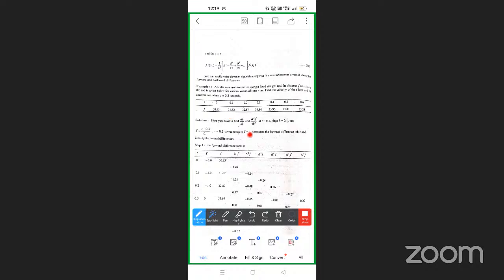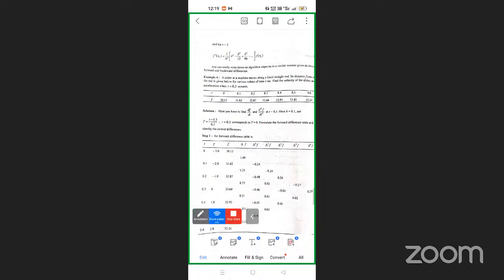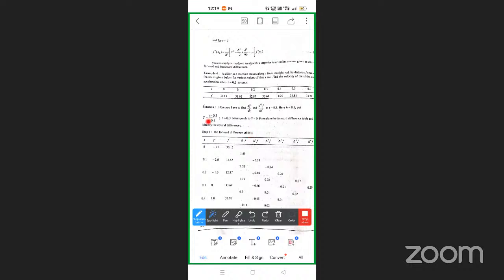Formulate the forward difference table and identify the central differences.